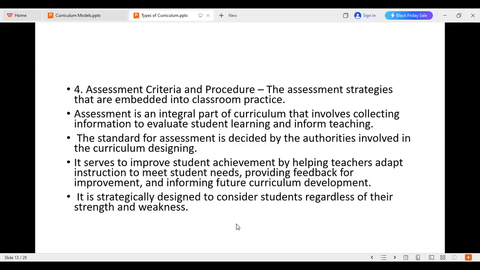If the weaknesses and strengths of a curriculum are identified through curriculum evaluation, and we can identify the areas to be improved in the curriculum components in the new reform, that information will be more useful. It is strategically designed to consider students regardless of their strengths and weaknesses.